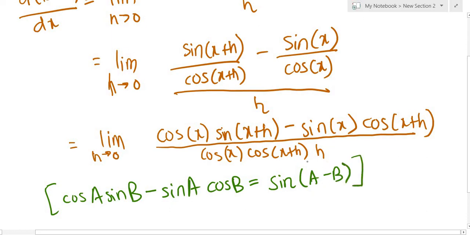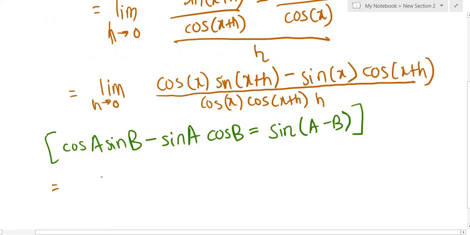We can, and we have to, because if you notice all these solving these limits of the first principle, they all require great knowledge and great flexibility with knowing your identities. So according to this formula, I'm so sorry, this identity was sine of b minus a.